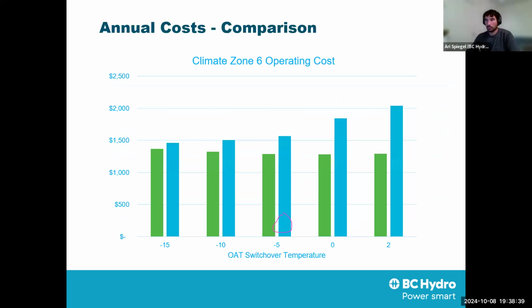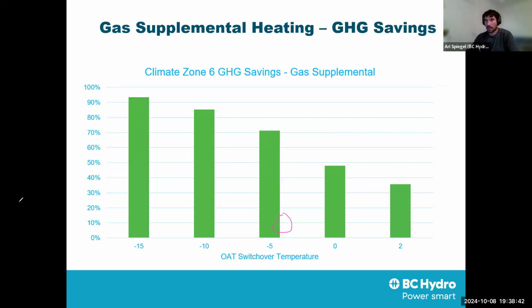But what I jump to is a slide I haven't shown yet, around how maybe GHG savings are very important. With a gas supplemental system, if that's your driver for installing a heat pump, at -5 you're doing a great job eliminating around 70% of your emissions.